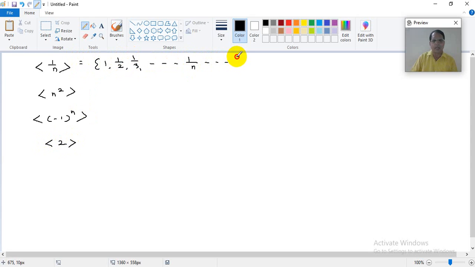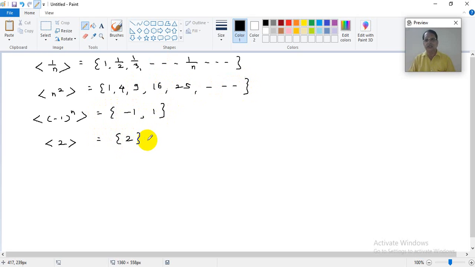Here the range set was 1, 4, 9, 16, 25 and so on. Then this was -1 and +1, and this was just singleton 2.